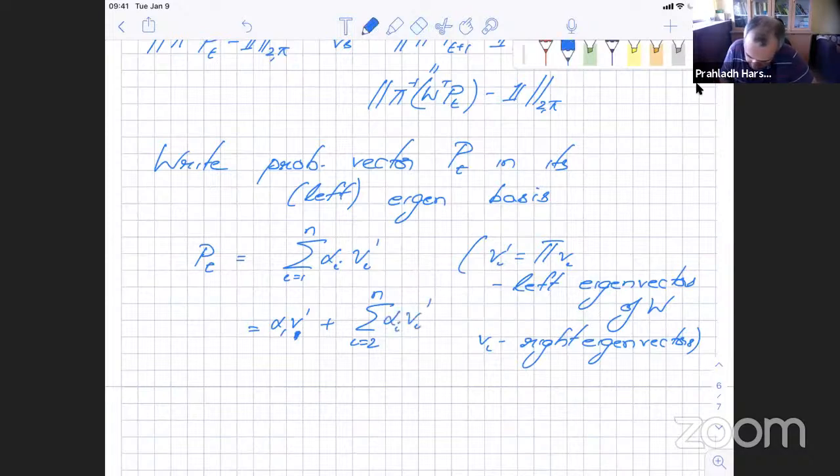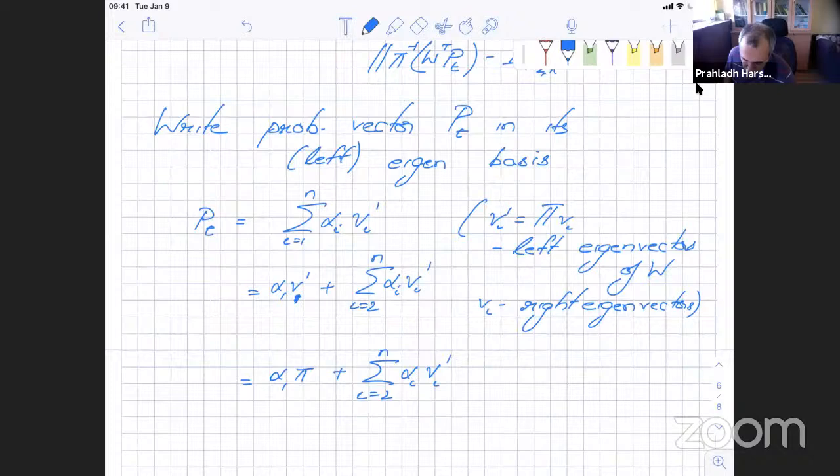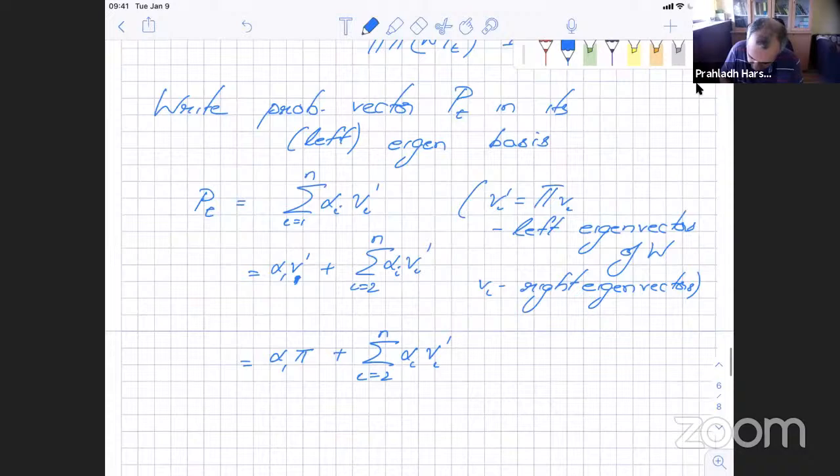The reason I'm doing this is that v_1 prime is the pi distribution. I should write this a little carefully. This is alpha_1 times small pi, which is the stationary distribution, plus the summation of alpha_i pi v_i.